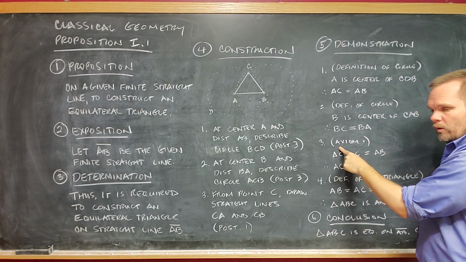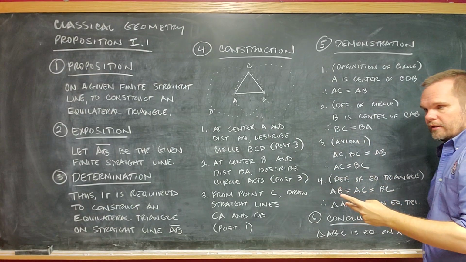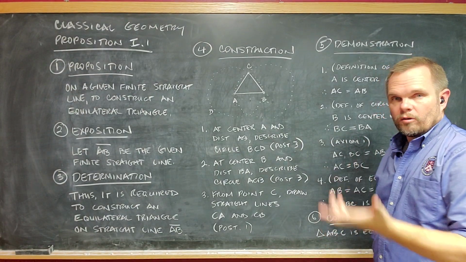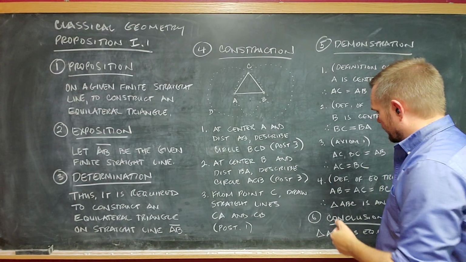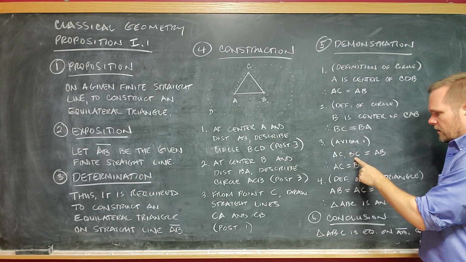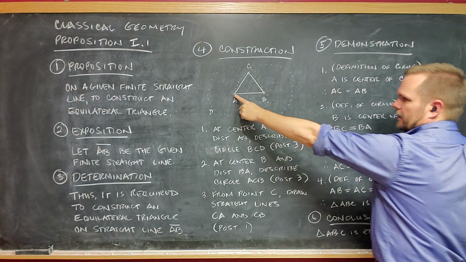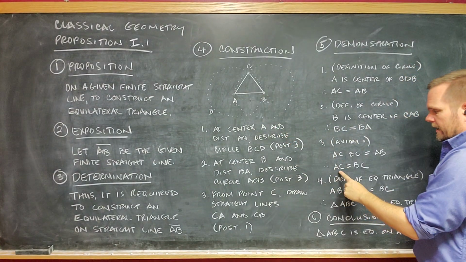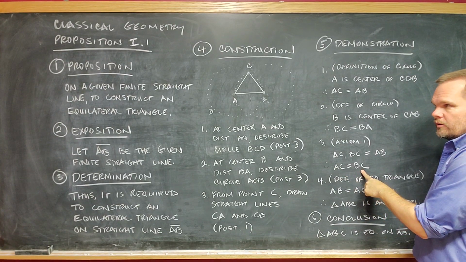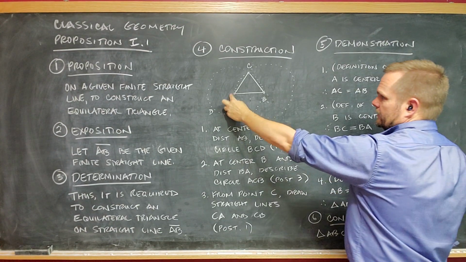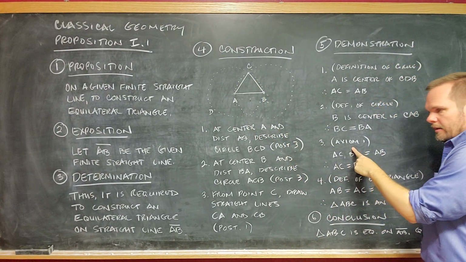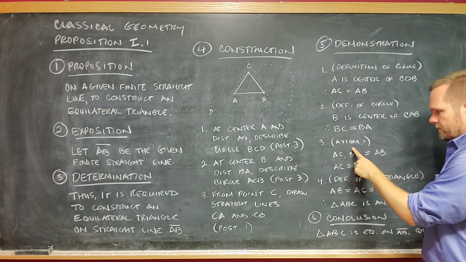Therefore, Axiom 1 tells us anytime two things are equal to the same third thing, they're also equal to one another. Since AC and BC are both equal to AB, then AC must be equal to BC based on Axiom 1.